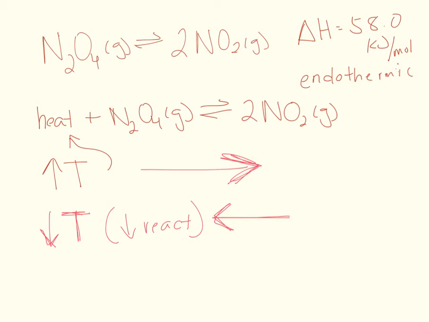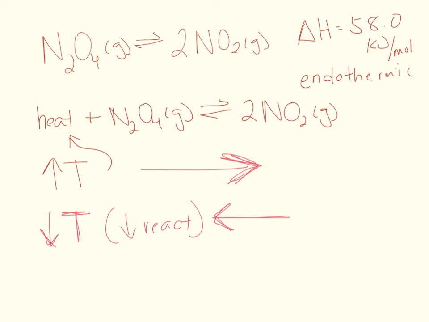Now, this isn't entirely a valid way to calculate things, because heat is never really a product or a reactant, right? It doesn't actually have any sort of concentration that you would put into an equilibrium expression. It's just an easy way to get us to think about how adding heat or taking away heat would shift the overall equilibrium.